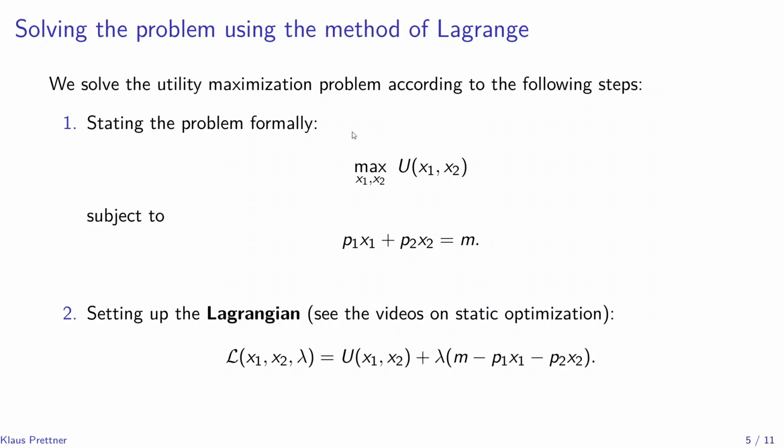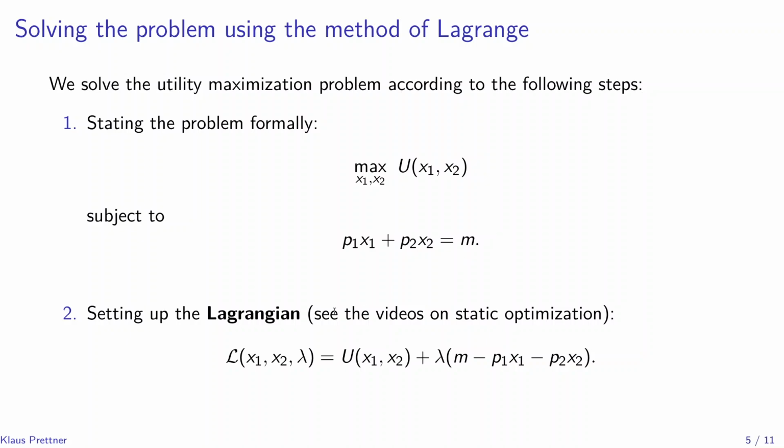Then we can write down the utility maximization problem formally. We maximize the utility function u of x1 and x2 subject to the choice of x1 and x2. These are the two choice variables over which we maximize the utility function. This is subject to the budget constraint, that everything that we spend is equal to the money that we have.